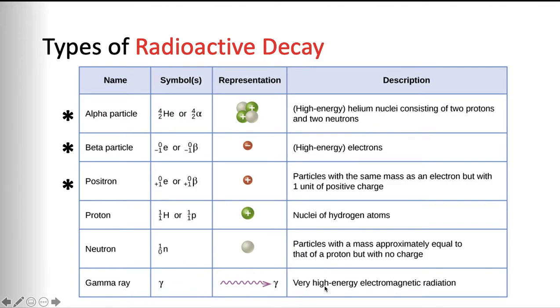And gamma rays are just very high energy electromagnetic radiation, but they have no charge and no mass. They don't really affect the mass or the charge, the Z number, of a nucleus. It's actually very harmful for us.